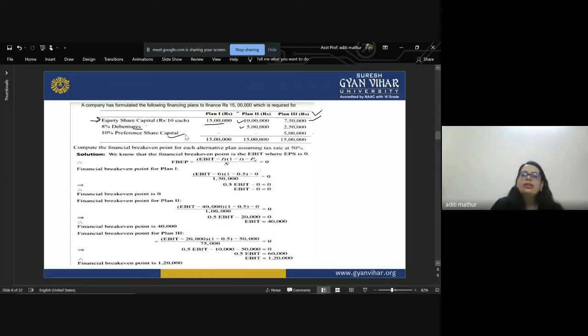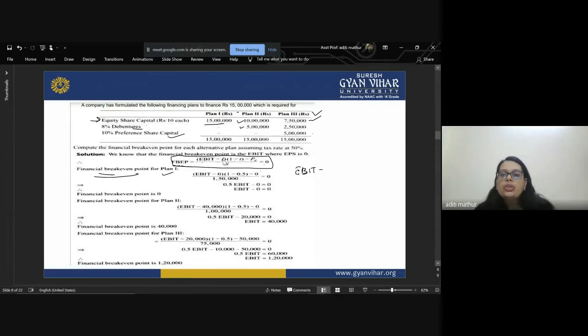right? So let us first write the formula, which is: financial break-even point is when EBIT minus interest into 1 minus T minus preference dividend, divided by N, is equal to 0. So always first mention the formula which we are going to use. Now let's calculate the break-even point for plan A. So EBIT, which we have to find out, will be denoted as EBIT because this is the amount which we want to calculate.